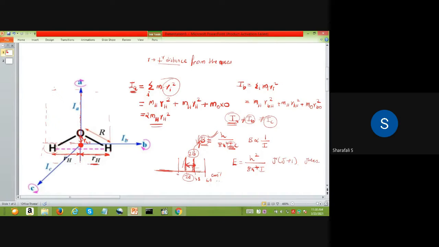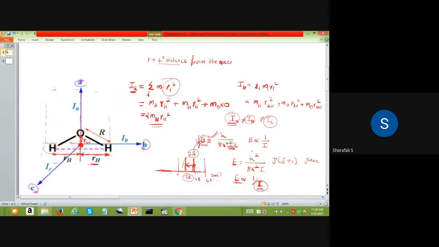So you can see that the energy is inversely proportional to your moment of inertia. If you are considering the rotation of a molecule, the energy of that particular rotation will be higher for the molecule which has a smaller moment of inertia about that rotation. So they are inversely proportional. If the moment of inertia is larger, then the rotational energy will be smaller. If the moment of inertia is smaller, then the rotational energy will be high. Okay, so this moment of inertia has great importance in this particular analysis and calculation.